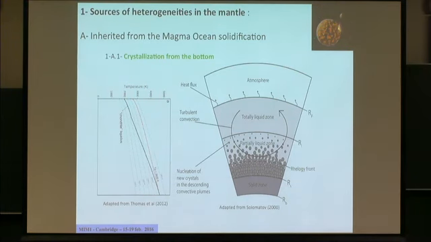if we're looking at the initial stage of solid state convection, it's inherited from the magma ocean solidification. So if I have a liquidus curve with this shape compared to the adiabats in the mantle, we're going to solidify first from the bottom and move to the top.